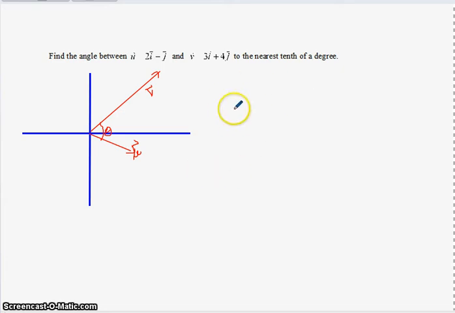Okay, I mentioned there's another formula for dot product, and we're going to use a variation of that formula to find this angle. And so cosine of theta equals the dot product of u and v over the magnitude of u times the magnitude of v.